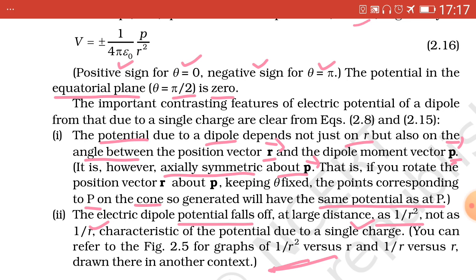It falls off as 1 upon r square at large distances, while 1 upon r is the characteristic of the potential due to a single charge. Single charge means point charge. That's all for today.